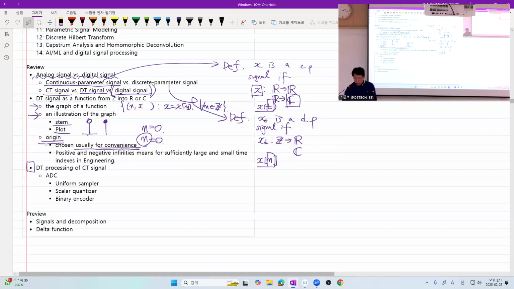So there are many ways to convert continuous time or analog or real world signals to a digital or mathematically modeled discrete time signal.